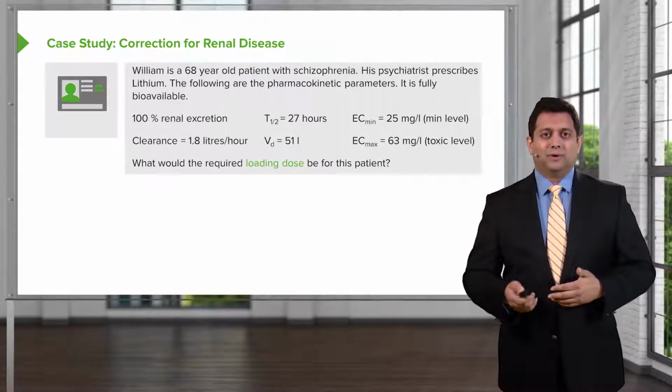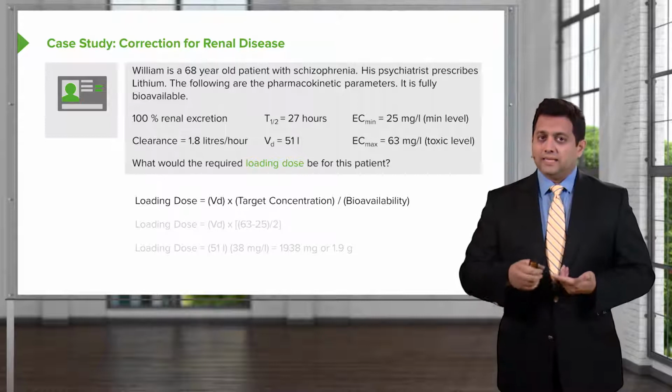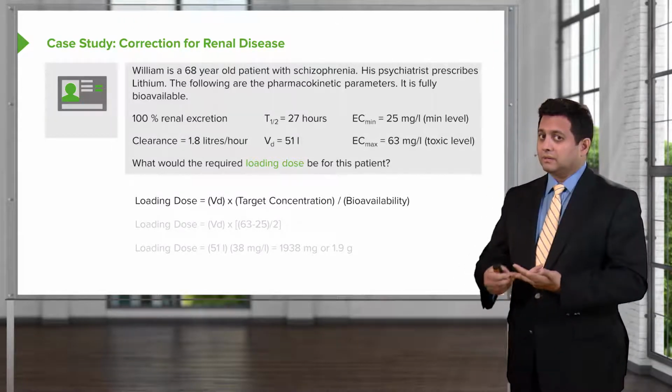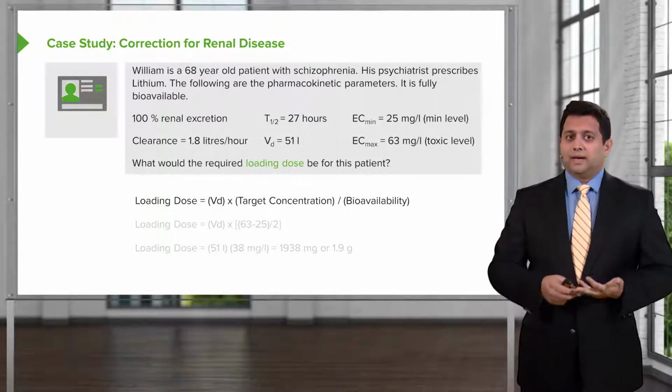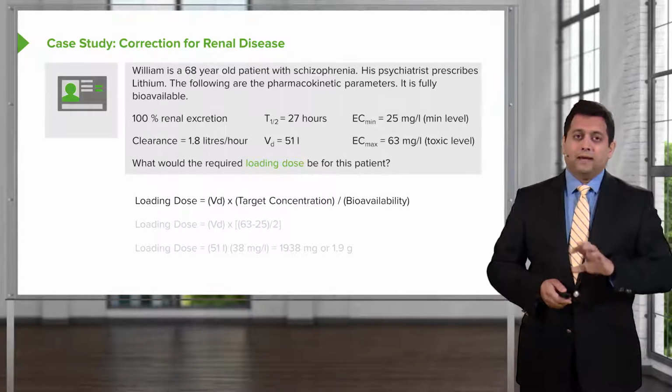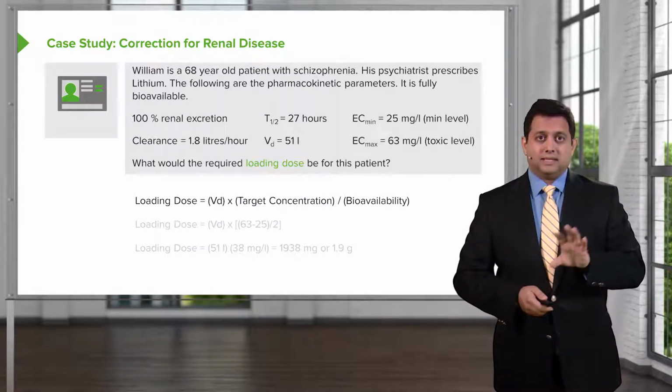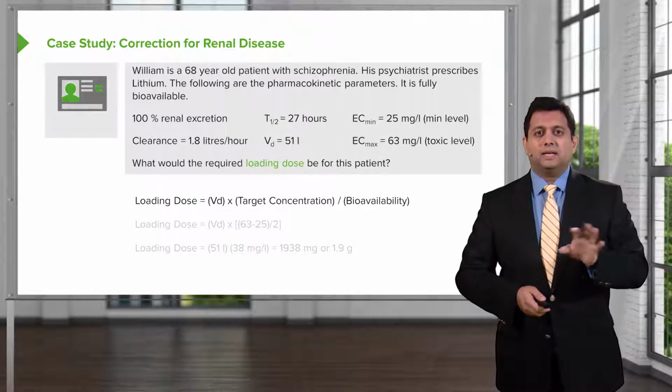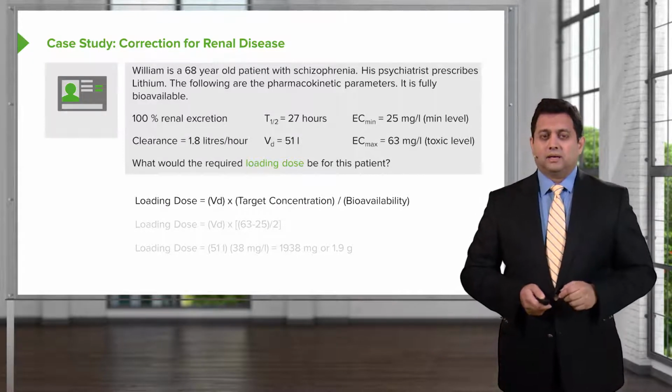Let's go through the formula. The loading dose is the volume of distribution times the target concentration divided by the bioavailability. Now, I've already said that the bioavailability is about 100%, so we can ignore that in this equation.